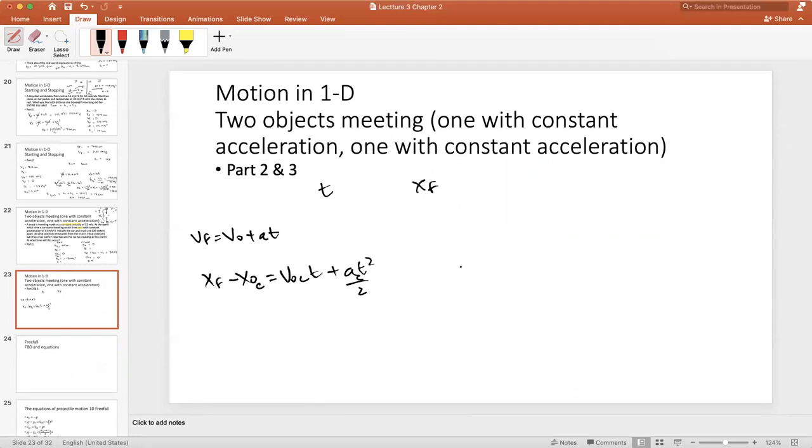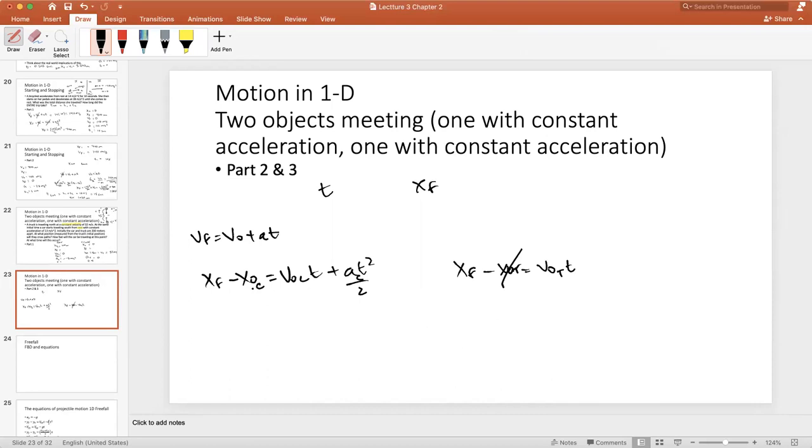Now for the truck, X final for the truck, same, minus X initial of the truck is equal to V initial of the truck times time plus A of the truck, but A of the truck's 0. So I'm going to leave that alone. This was 0 for the truck, okay? And this is a number.